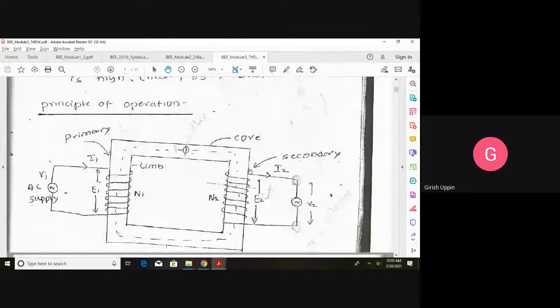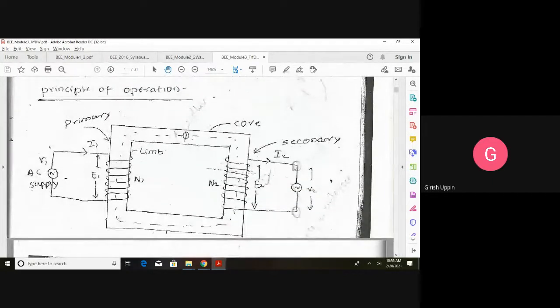Now, principle of operation. It works on Faraday's principle of induction, where whenever a coil or a conductor experiences a change in flux, EMF is induced in that conductor or coil. This is the simple diagram of a transformer.